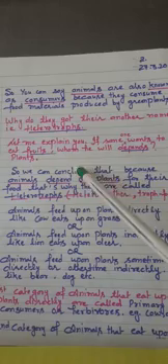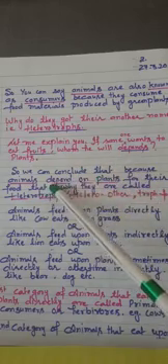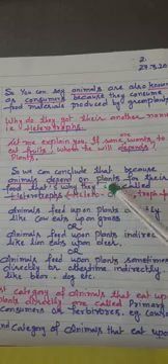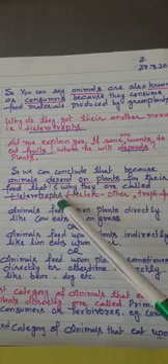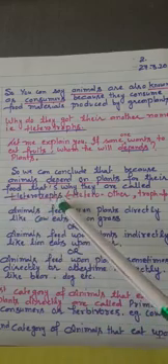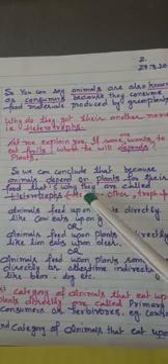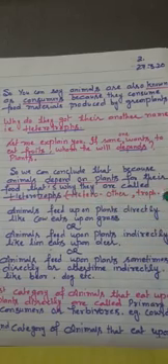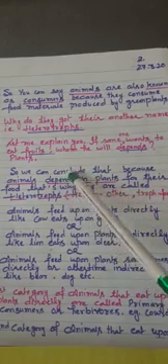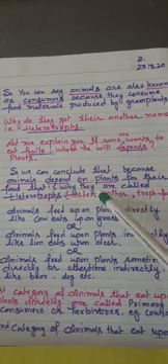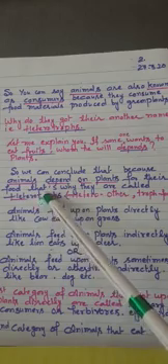So we can conclude that because animals depend on plants for their food, they are also called heterotrophs. The word heterotroph is composed of two words. Number one, hetero means other, troph means food. So the organisms which depend on others for their food are known as heterotrophs.